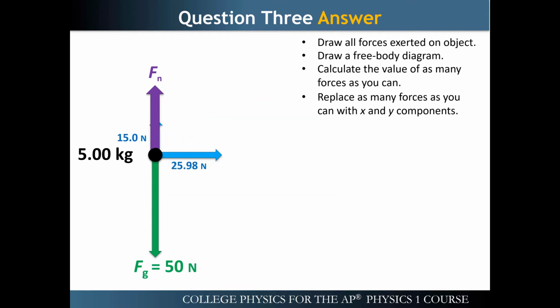If we then redraw those two components as if they were actual forces and put them into the free body diagram, even though they're not technically forces themselves, just components of a single force, we can always represent a single angled force as its components. So this isn't a normal free body diagram.